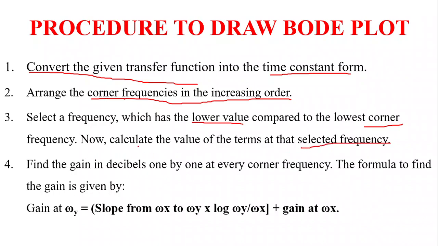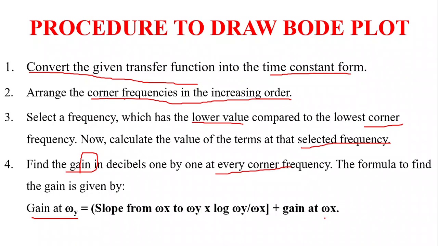After the frequency calculations, we have to find the gain in decibels one by one at every corner frequency. The formula to find the gain is: gain at omega y equals slope from omega x to omega y into log of omega y divided by omega x, plus gain at omega x.